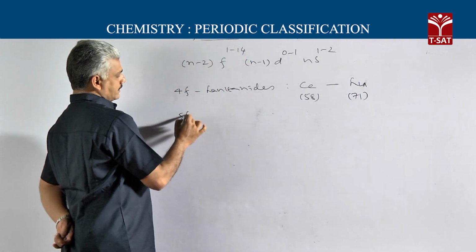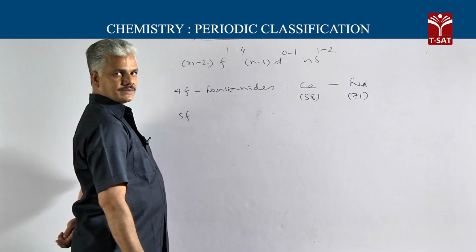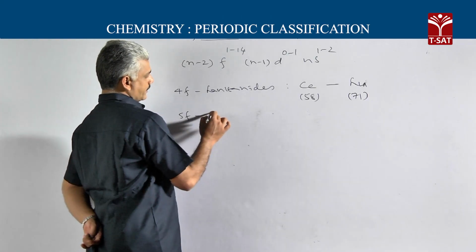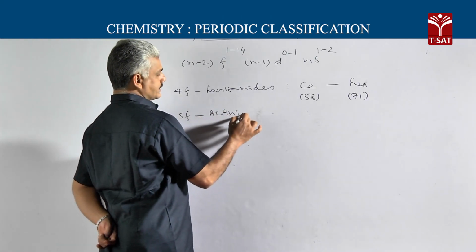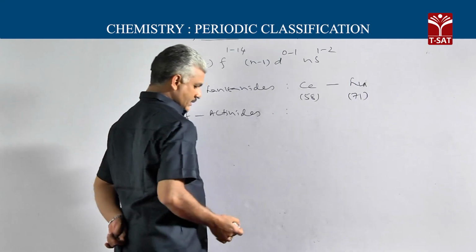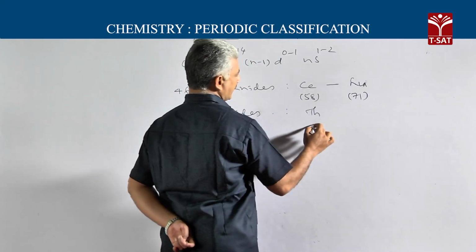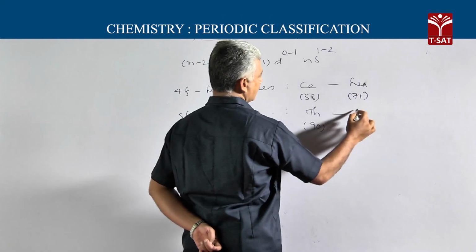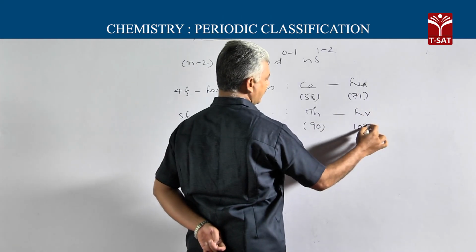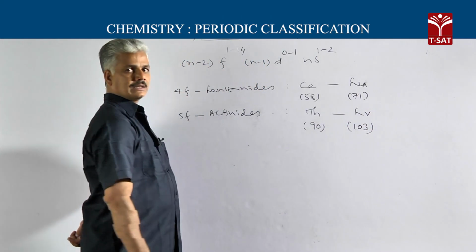The elements in which 5f sublevel is gradually filled with electrons, they are called as actinides. They begin with the thorium, atomic number 90, and end with the lawrencium, atomic number 103.